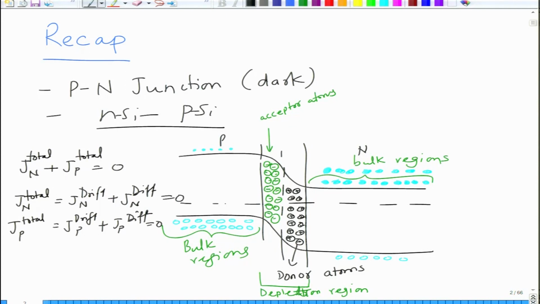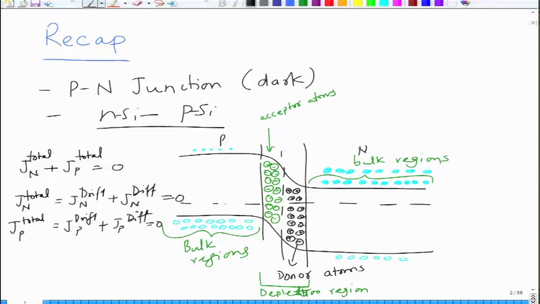Which means drift and diffusion currents are equal and opposite to each other for both holes and electrons. Any more migration of electrons and holes is not possible, because you have a built-in electric field, and this is called VBI on both sides.